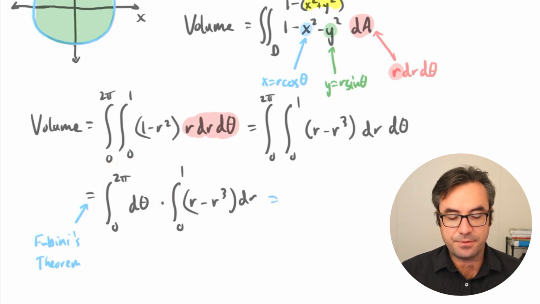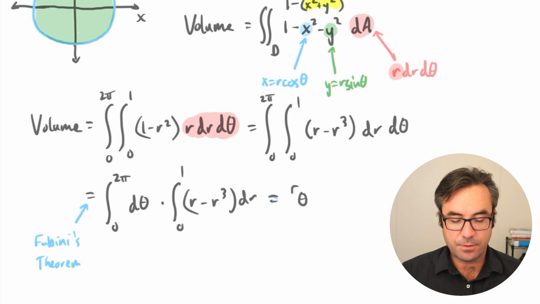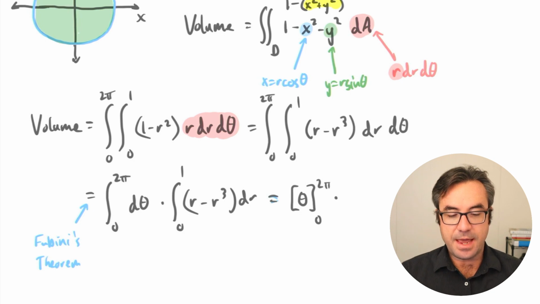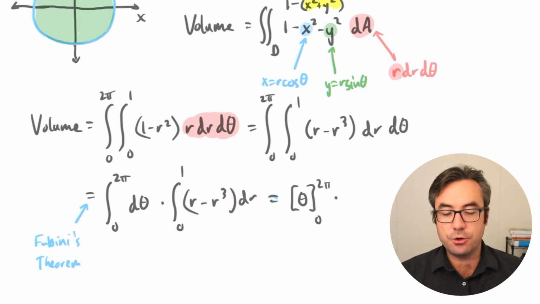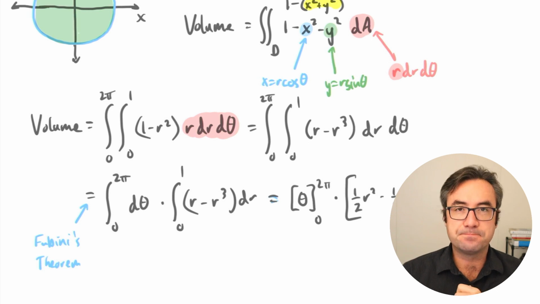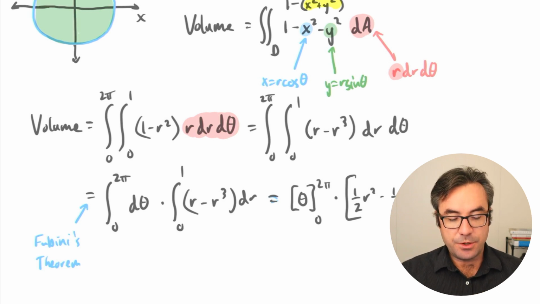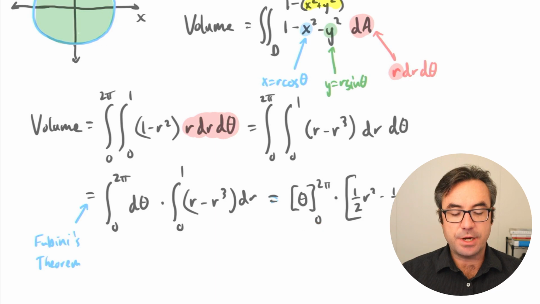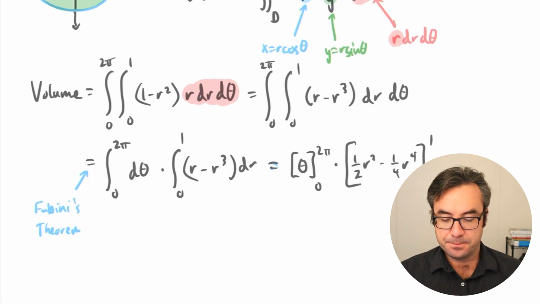So the antiderivative for our theta integral will be just theta. And we're evaluating that from 0 to 2 pi. And then the antiderivative for r minus r cubed is going to be 1/2 r squared minus 1/4 r to the 4. And we're going to evaluate that from 0 to 1. When we plug in and do the subtraction here, we get 2 pi minus 0, so we get 2 pi.